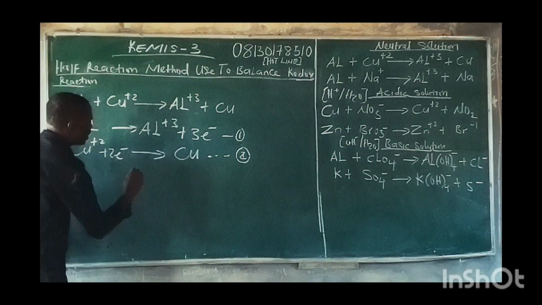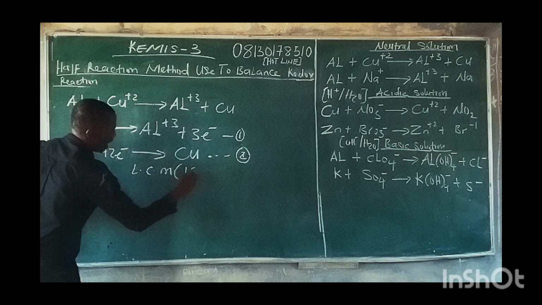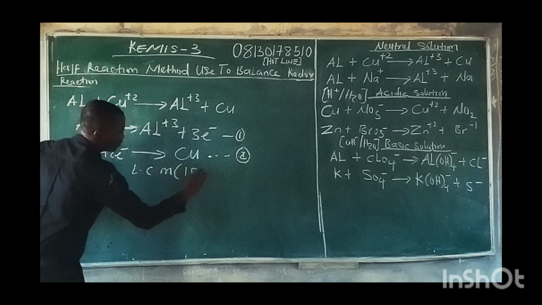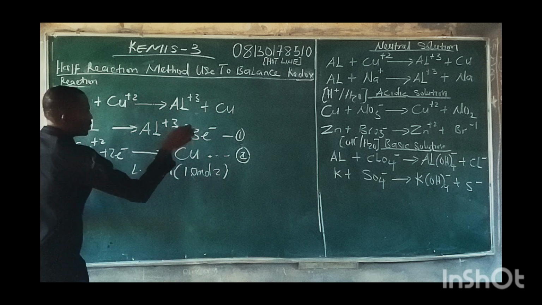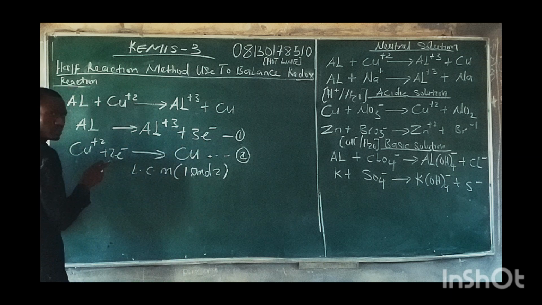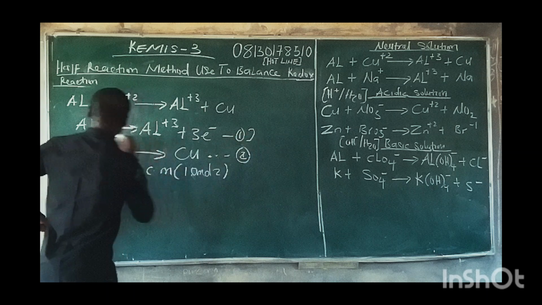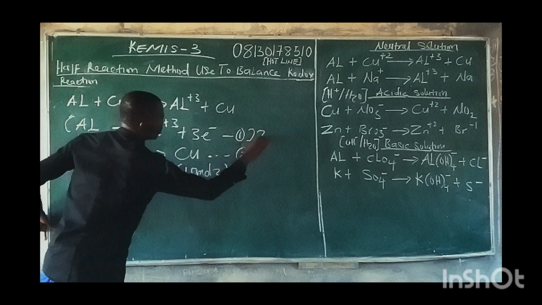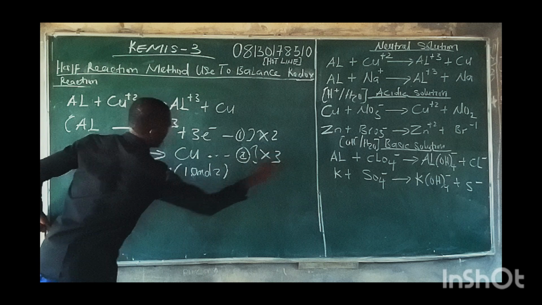How do we do that? We need to find the LCM between equation 1 and equation 2. Now, what's the LCM between 3 and 2? What you need to do to find the LCM is to multiply this by 2, then multiply this by 3.